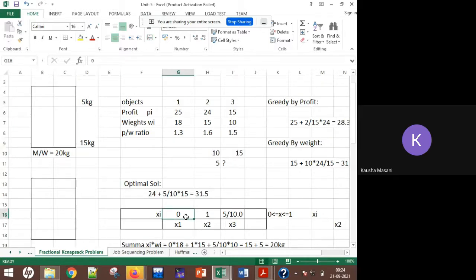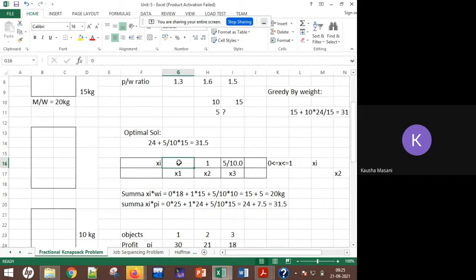Now I have to find out the profit. What will it be? Summation of Xi into profit. Whatever Xi values you have calculated here, the summation of those values will give you the required profit. What is the Xi of the first item? 0. What is the profit of X1? 25.